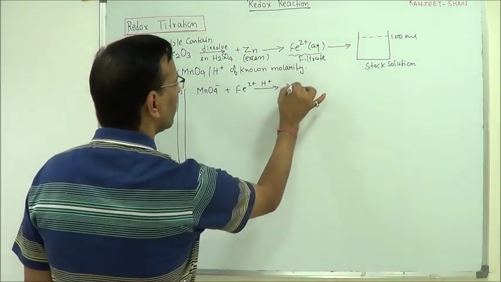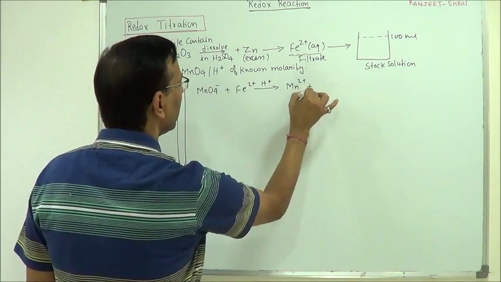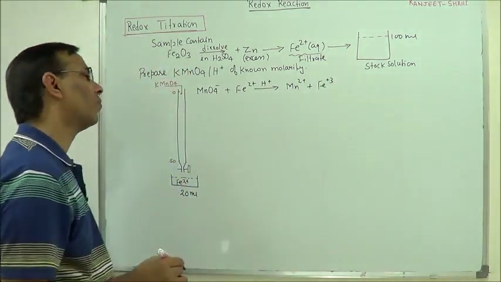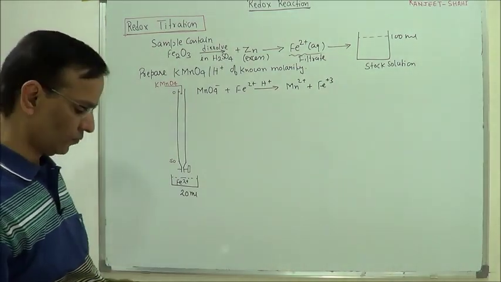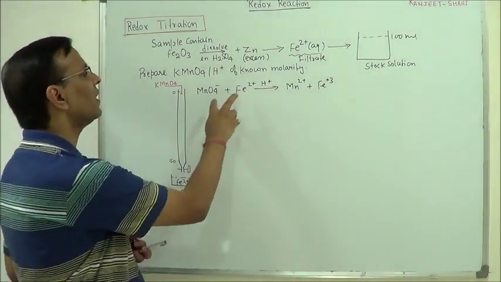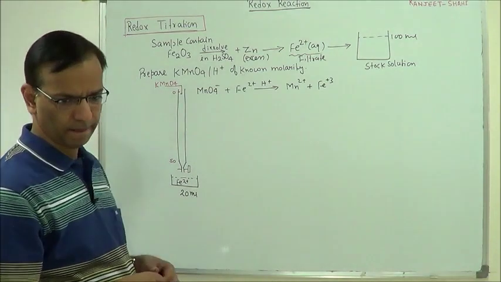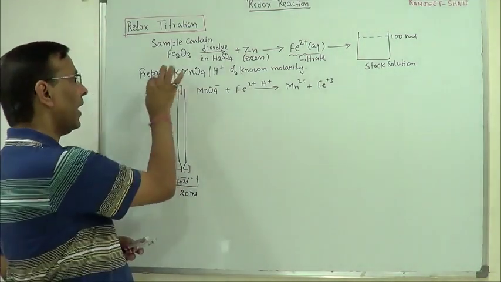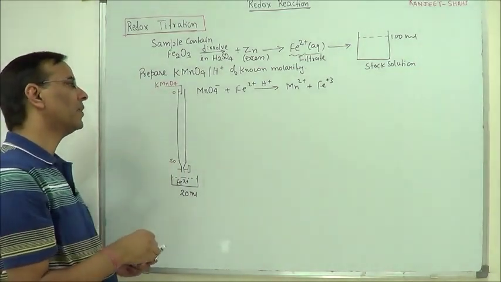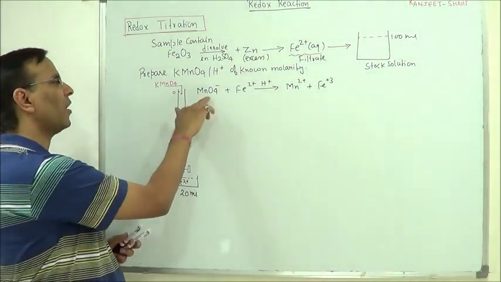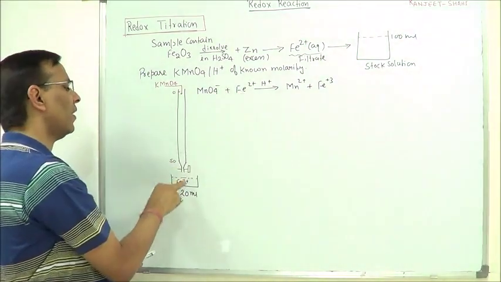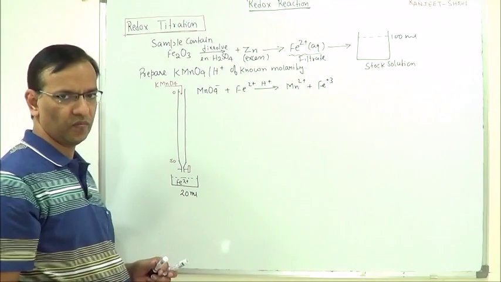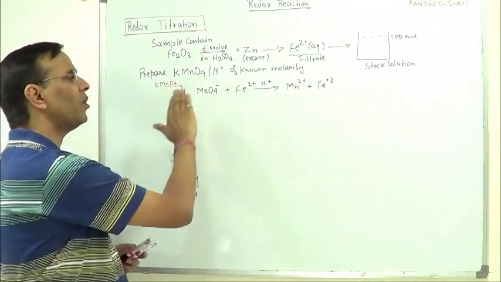So permanganate will start reducing into manganese ion and iron will start oxidizing into ferric ion. Since we are adding potassium permanganate drop-wise, the added potassium permanganate will react with ferrous ion and get converted into Mn2+. We continue this process.